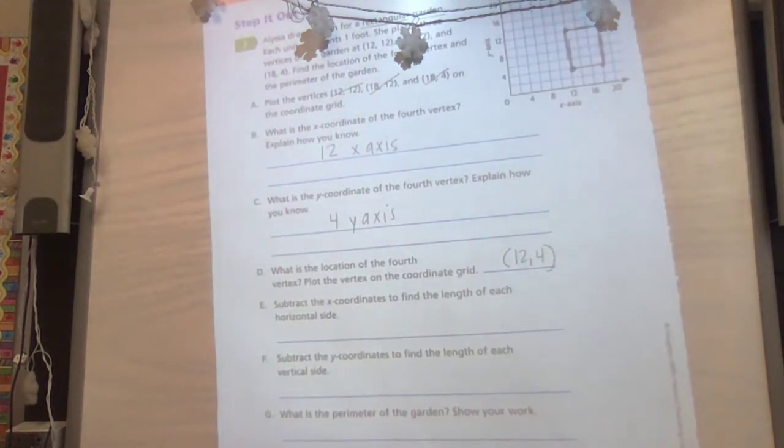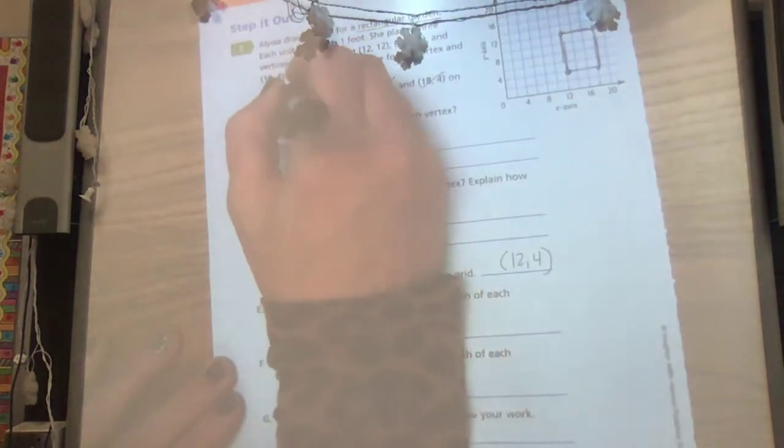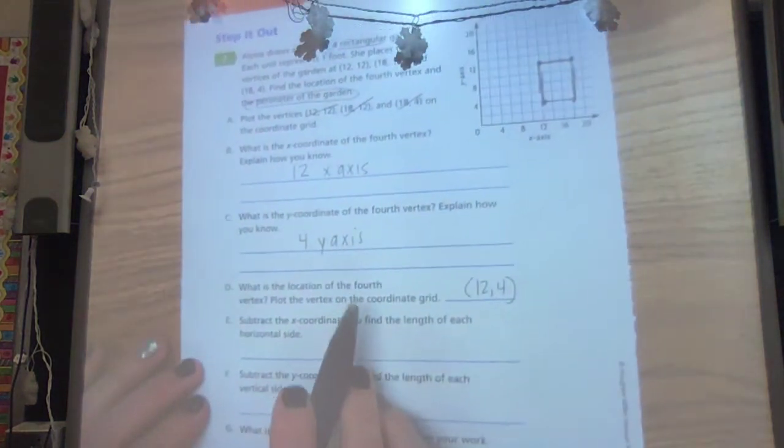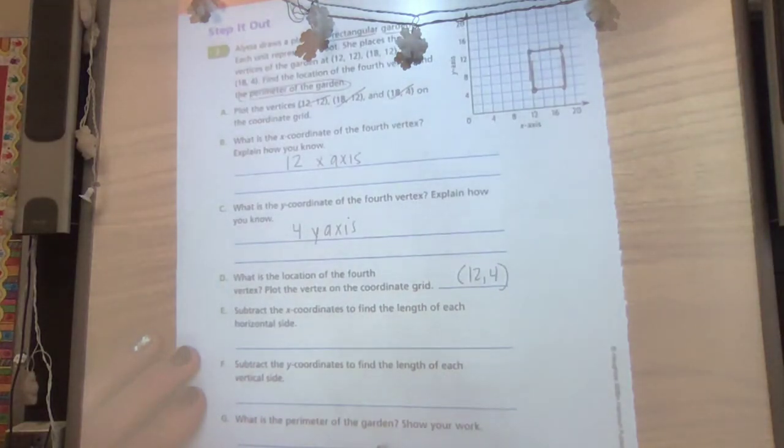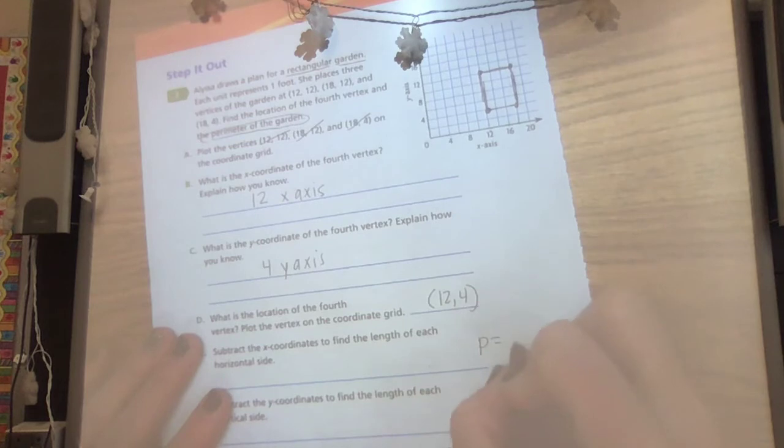Okay. So now it says find the perimeter of the garden. Now we've talked about area a lot, but remember perimeter is the length of all sides.